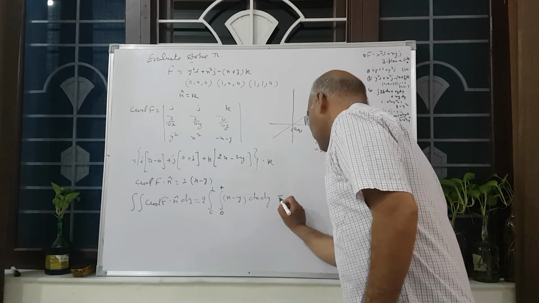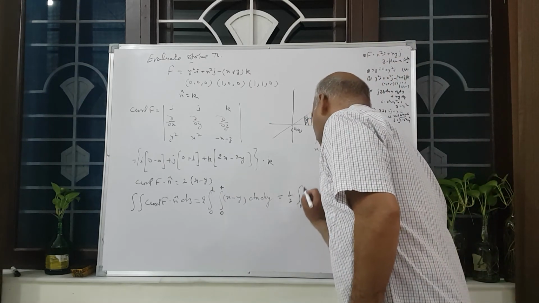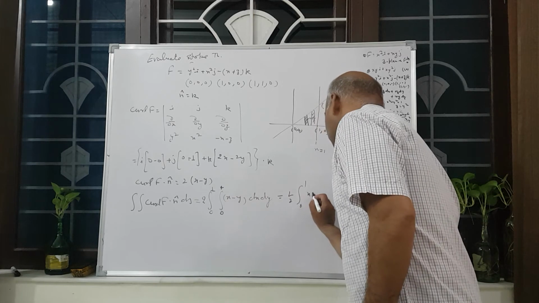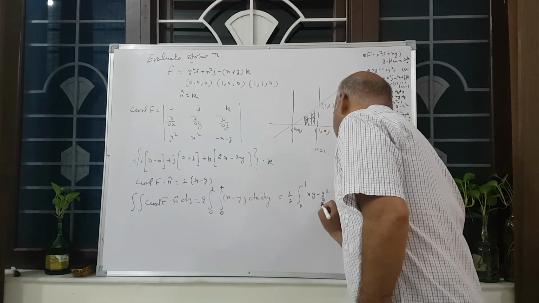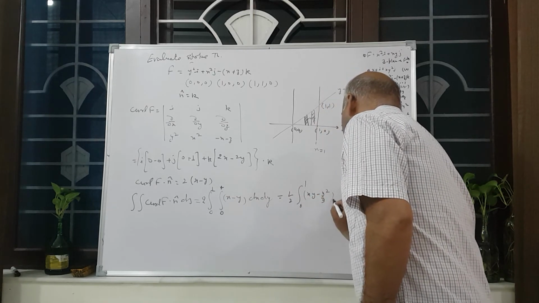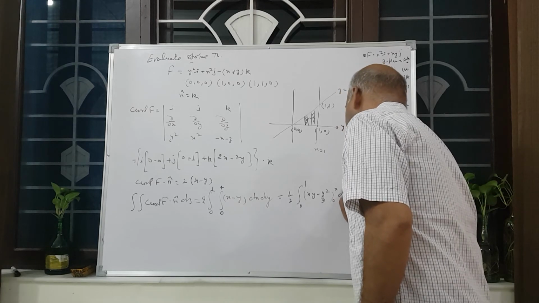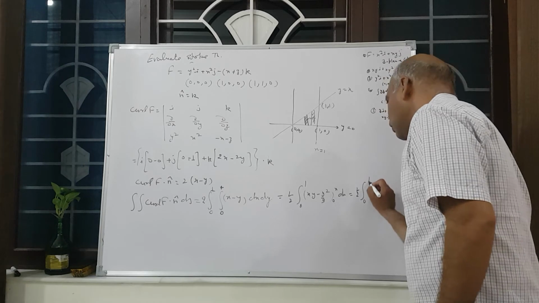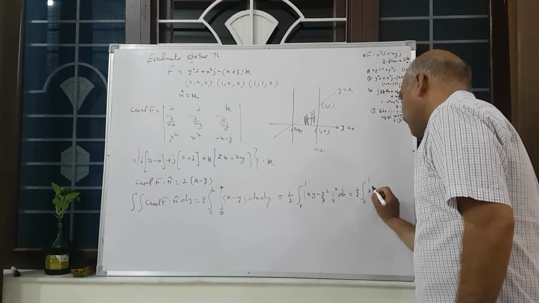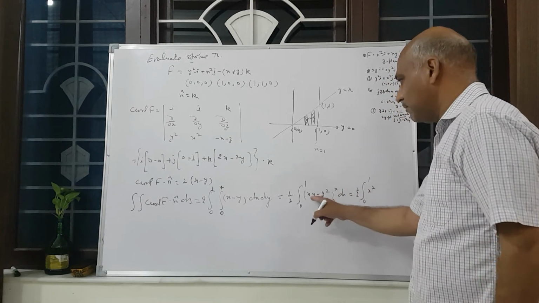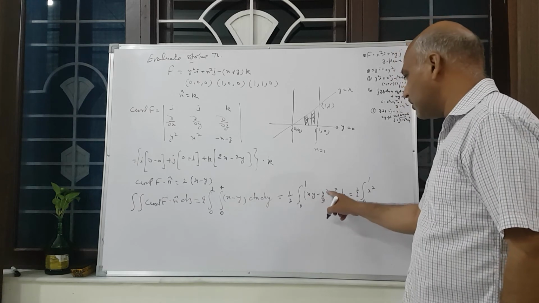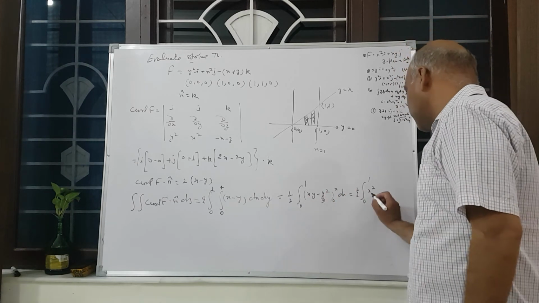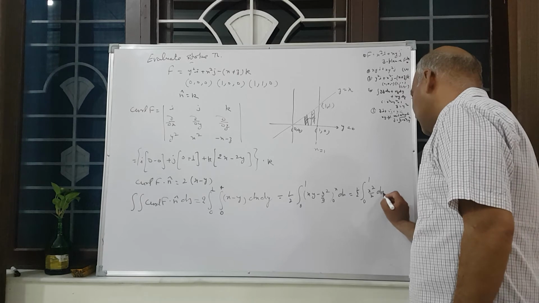Now we integrate 0 to 1, x y minus y square by 2, 0 to x dx, or 0 to 1, x square minus x square by 2 dx.